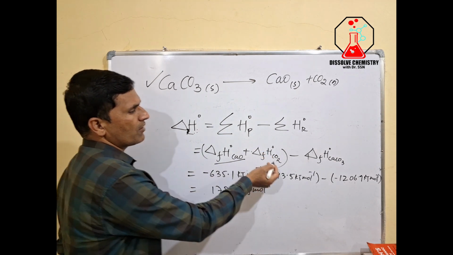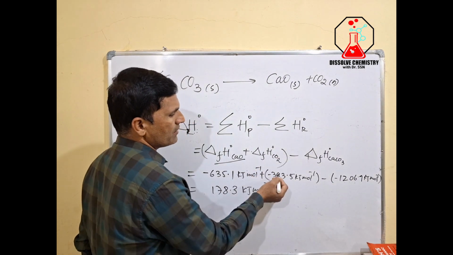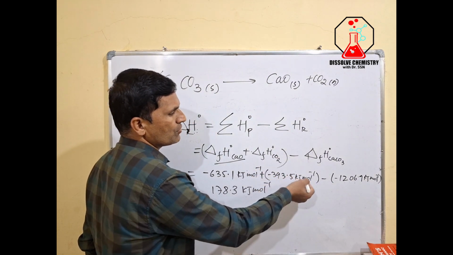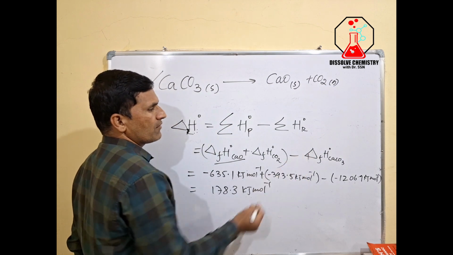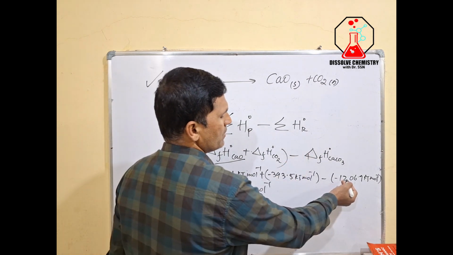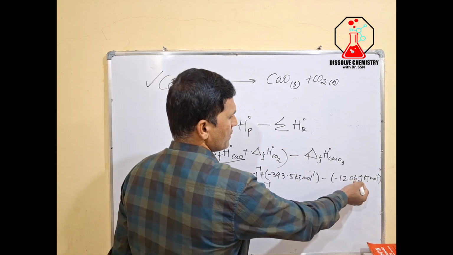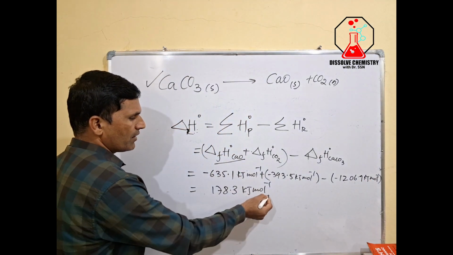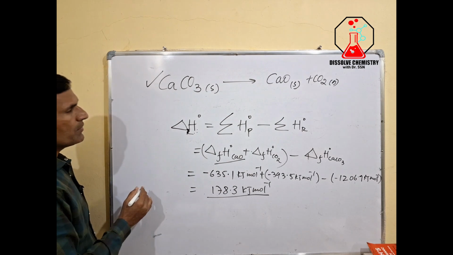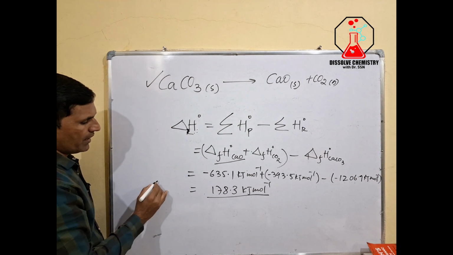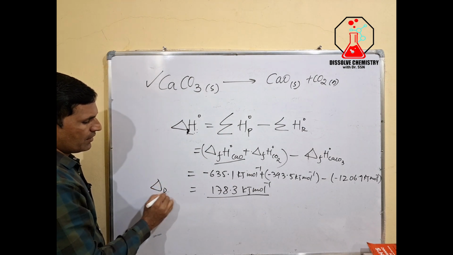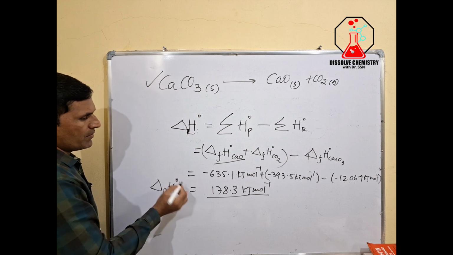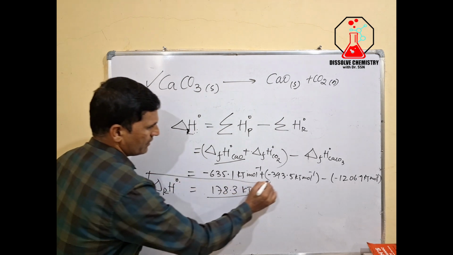Similarly, the enthalpy of formation of carbon dioxide in the standard state is 393.5 kilojoules per mole, whereas that of calcium carbonate is 1206.9 kilojoules per mole. So overall, when we calculate, we get the standard enthalpy of the above reaction like this.